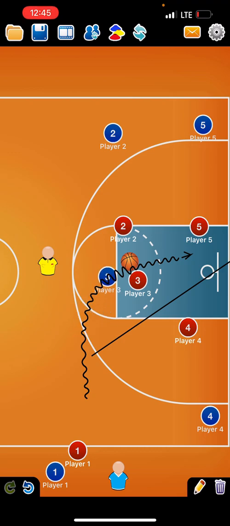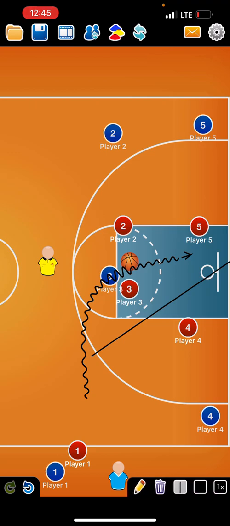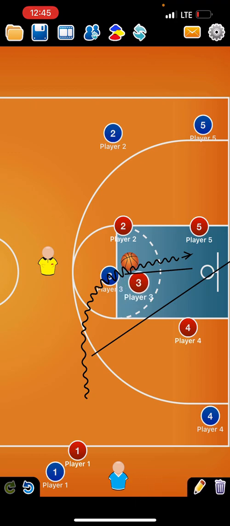Anytime a driver beats their defender and puts their defender on their hip, ultimately getting a lane to the hoop, they now have a lane to the hoop, because their defender lost position and is now on their hip. The help has to be able to come and get on ball position.